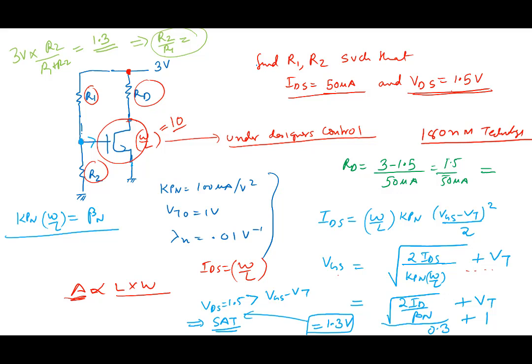The problem doesn't have enough information, so you could choose R1 some high value maybe, because eventually if you make an amplifier, you may want a higher input resistance. So say if you choose R1 equal to 100K, then you will get the particular value of R2.